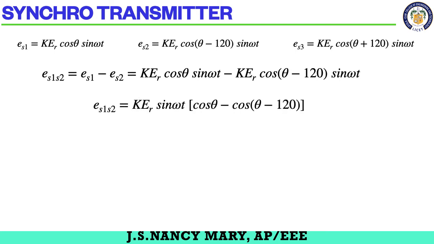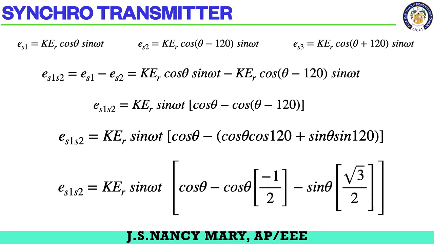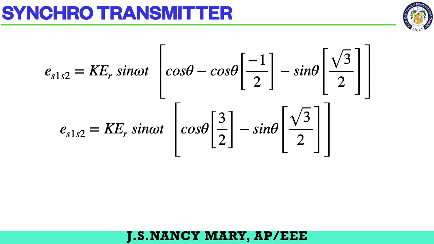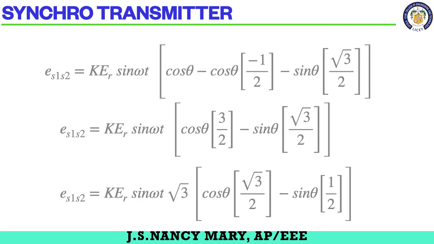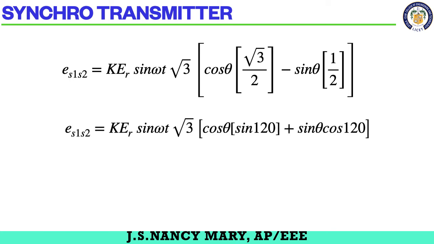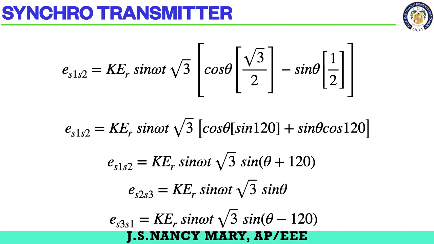So applying the cos function, cos of A minus B, I could write cos A cos B plus sin A sin B. So cos 120 you know very well, it is minus 1 by 2. So cos theta, 3 by 2. So take root 3 outside. So you'll be getting root 3 sin omega t, and then just convert root 3 by 2 as sin 120, so that finally you will be getting a sine function like this. So this is the final function.